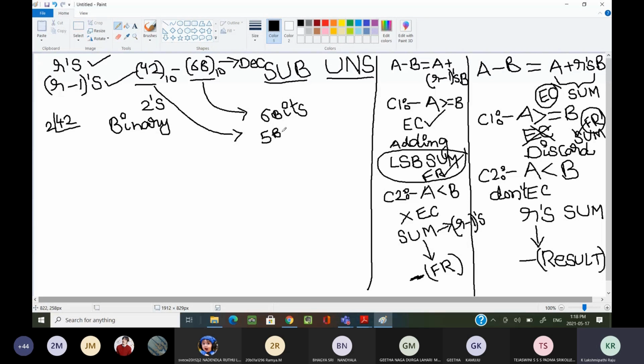Now here clearly, both minuend and subtrahend do not contain the same number of bits. Then what do we have to do?